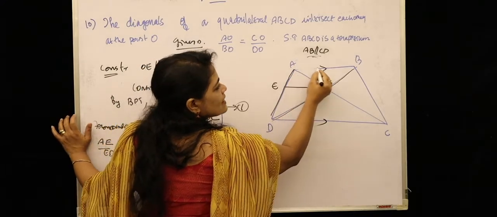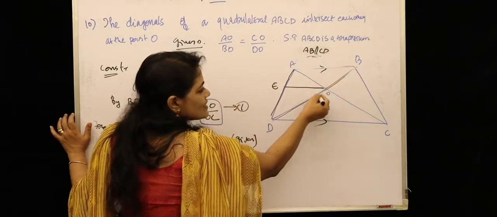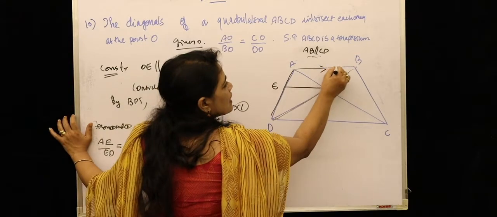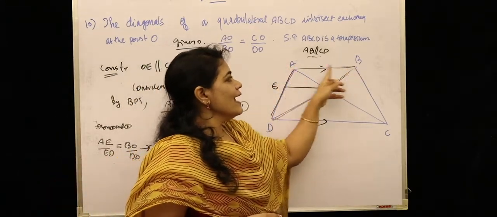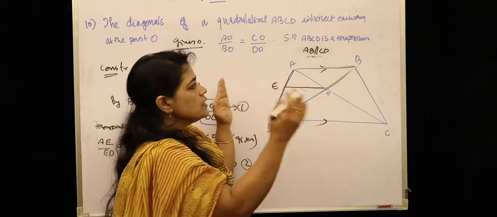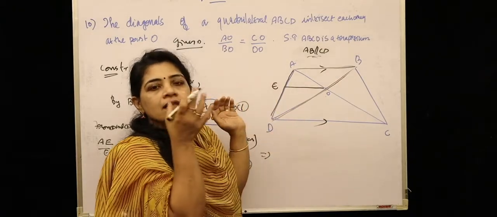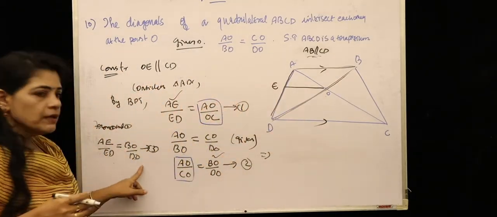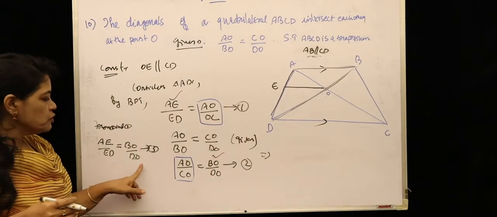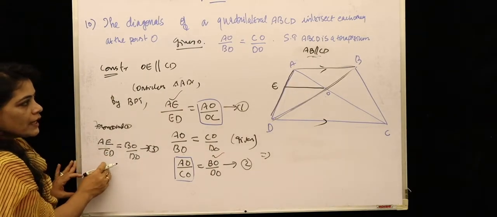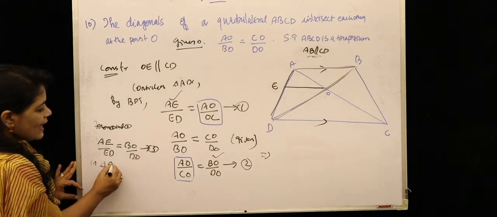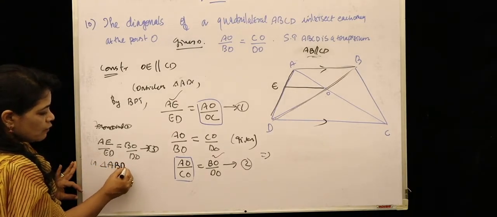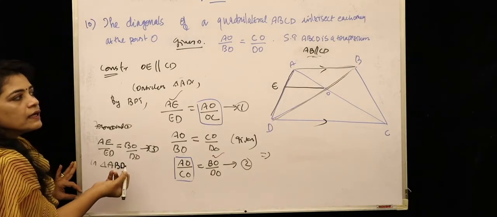So this is a triangle. If you consider this triangle ABD, these two sides are divided in the same ratio. That is what we have seen from equation 3. Which means, if you consider triangle ABD, from 3, what you can write?